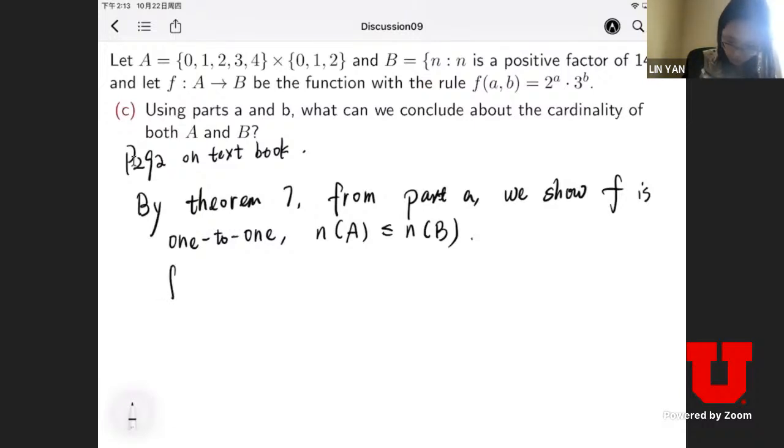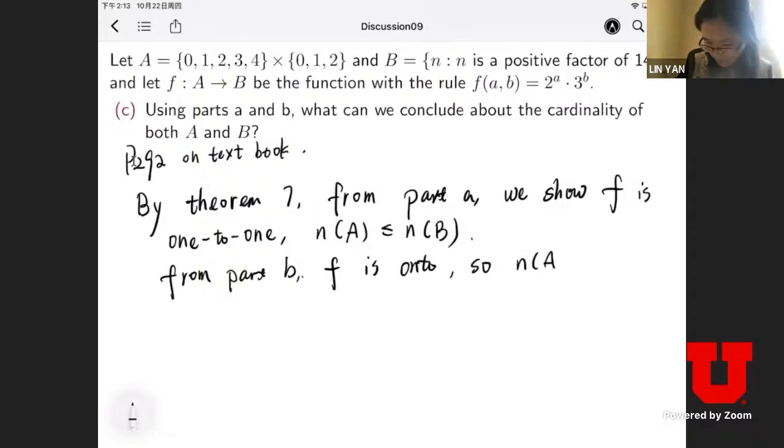And from part B, F is onto. So NA is larger or equal to NB. Thus, we have the cardinality of these two sets is equal.